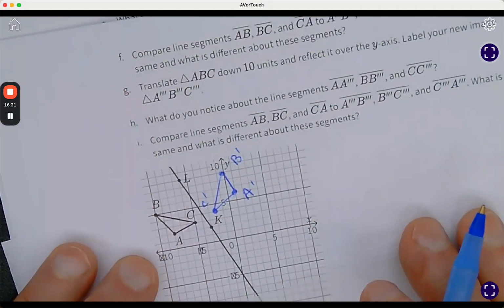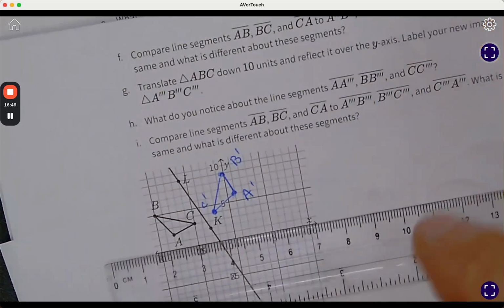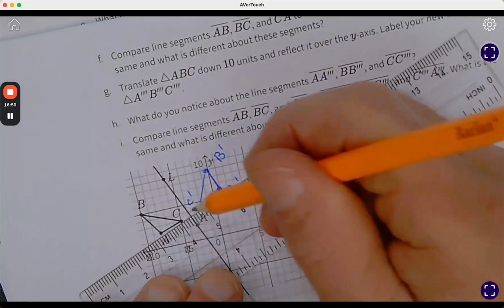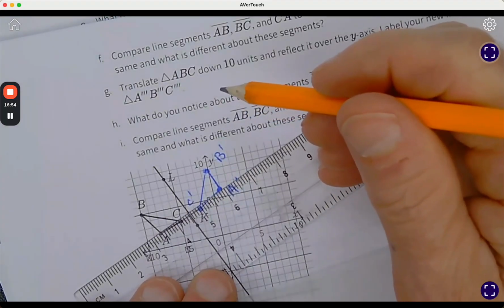What do you notice about the line segments A prime, B prime, and C prime? Well, I got to draw them first, so let me do that. Okay, so I'm going to draw C prime and draw A prime.